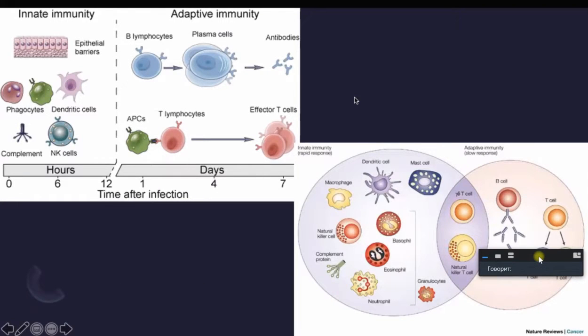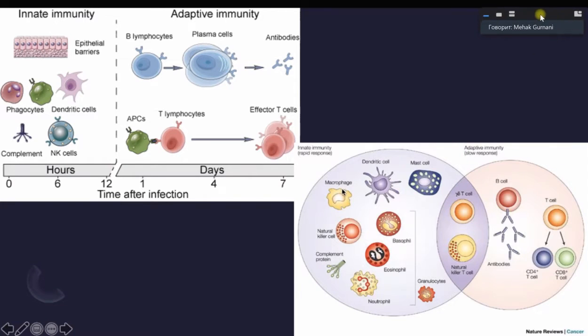Now that we've talked about all of this, we said that macrophages present a part of the antigen on their surface, and they come in contact with T lymphocytes. We didn't mention which lymphocytes, but that's actually what happens.